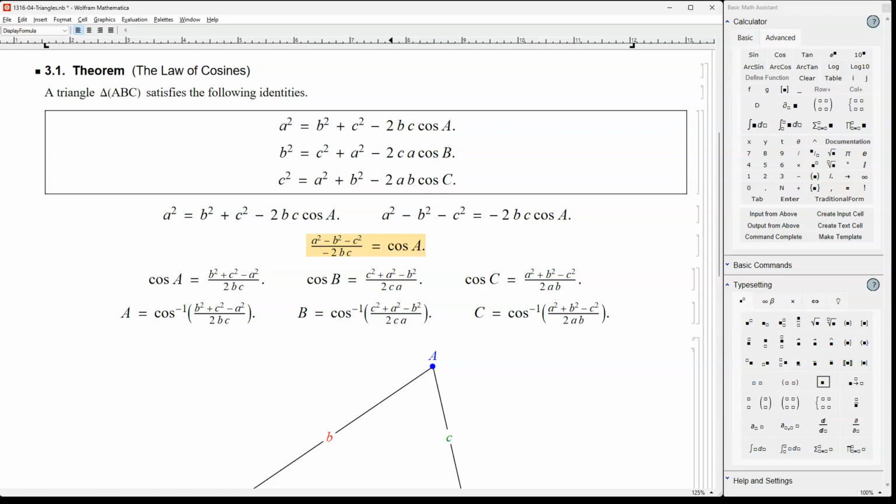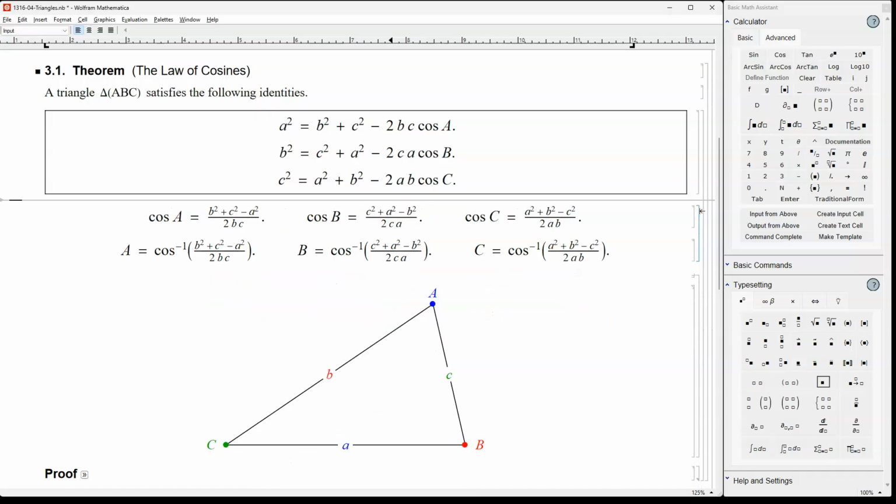Too many negatives, so multiply negative 1 to both numerator and denominator and change all the signs. The denominator becomes positive. In the numerator, positive becomes negative and negative becomes positive. So a squared becomes negative, the others become positive. The end result is this formula here. So deducing this from the original identity is not difficult. Once you get here, take the inverse cosine and you get the angle formula.